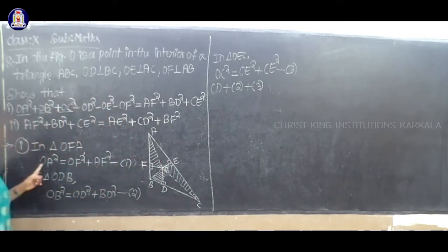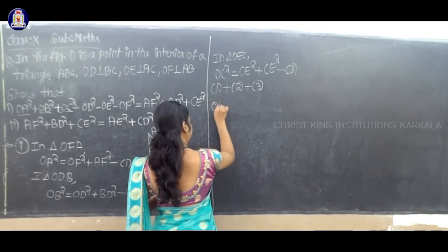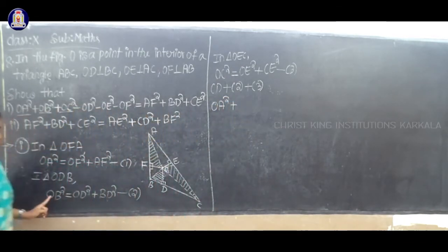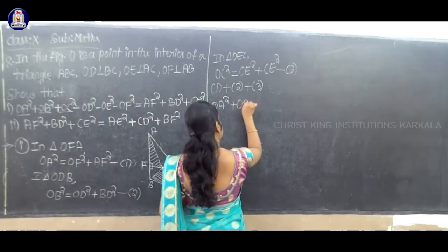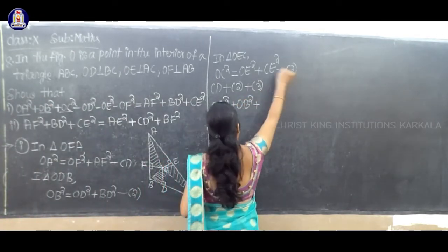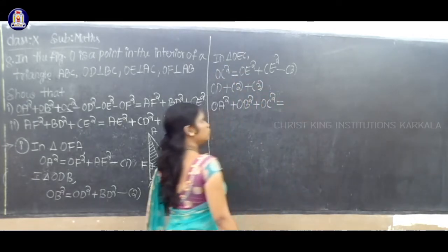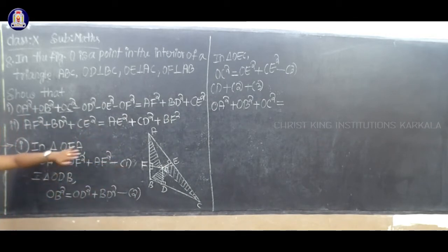What is the left hand side of equation number 1? OA square, plus the left hand side of equation number 2, that is OB square, plus the left hand side of equation number 3, that is OC square, equal to. Now add the right hand side terms. What is the right hand side of equation number 1?